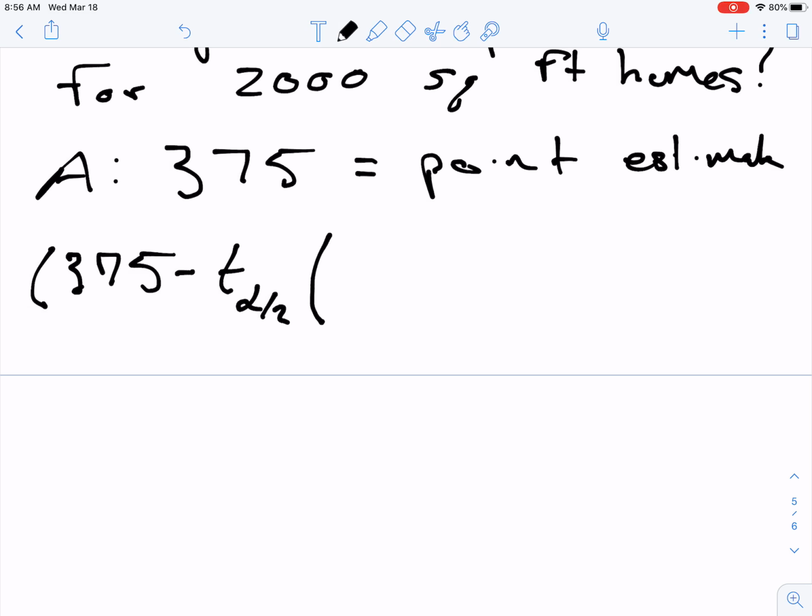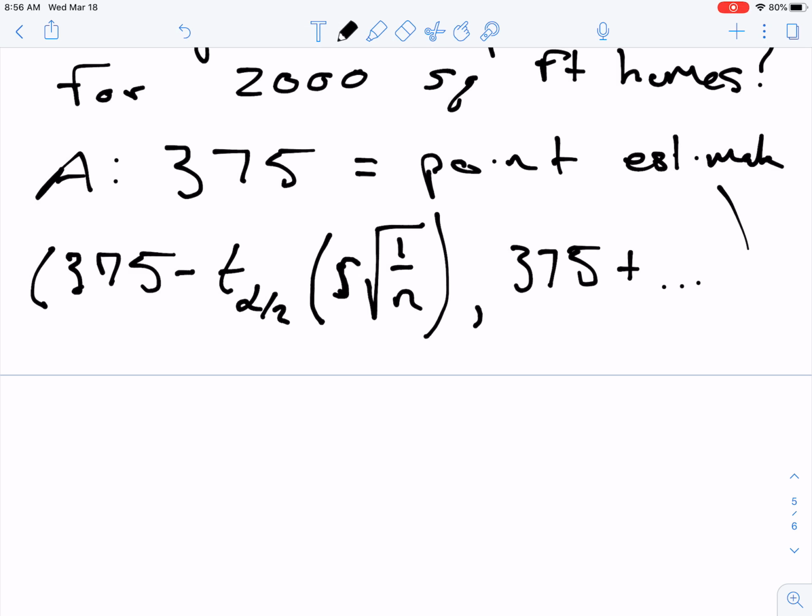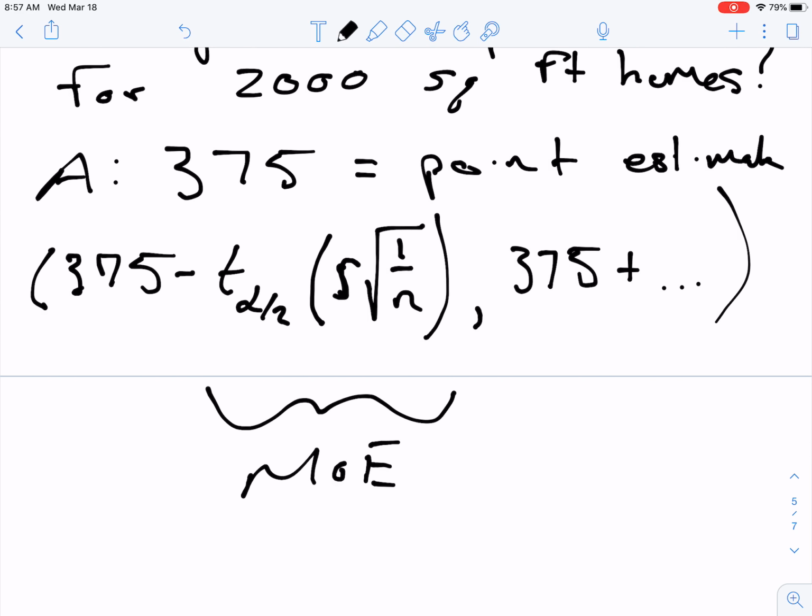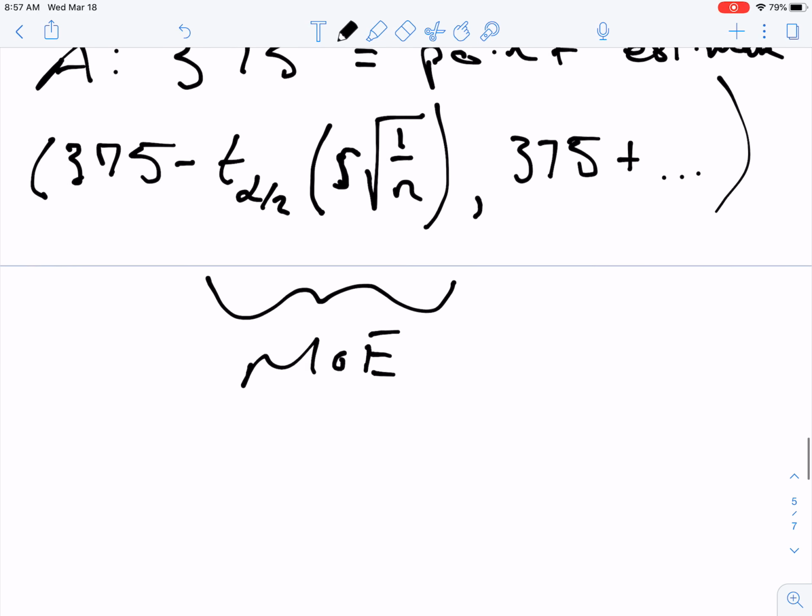We need to multiply that by my particular standard error, which is going to be s times square root 1 over n, comma, 375 plus the same thing. This right here is the margin of error. How many standard errors do I need to go? What is my particular standard error? In that case, we're right at the mean, because remember, x bar is 2,000, y bar is 375. That's going to be my simplest case for confidence intervals.